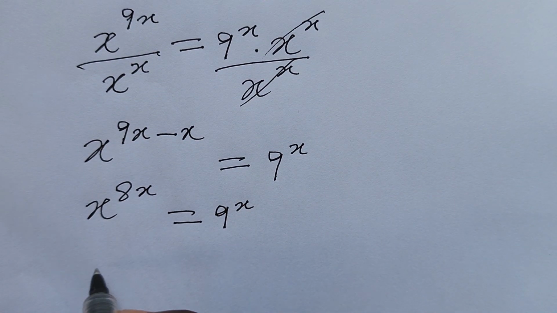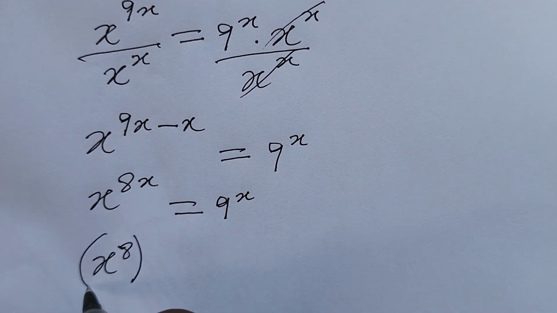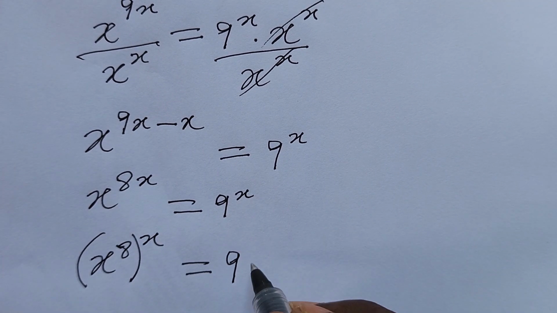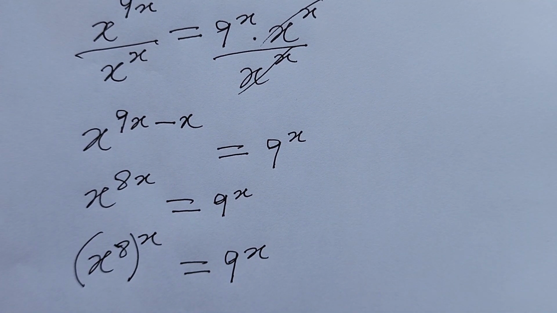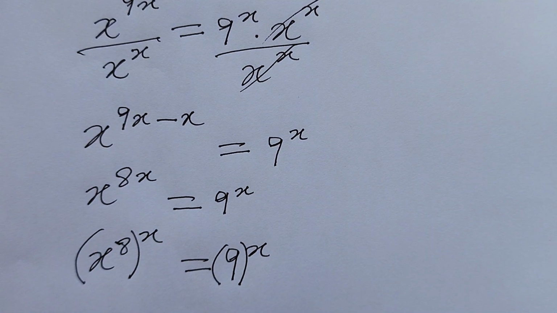In other words, we can have this to be x to the power of 8, in brackets, to the power of x, everything equal to 9 to the power of x. We can as well put this in brackets too. Now check out the exponent we have in this expression. We discover that the exponent on the right-hand side is the same as that on the left-hand side, which is x, right?